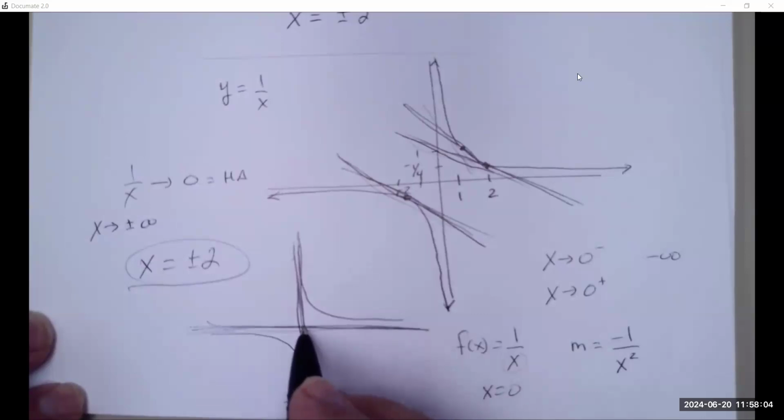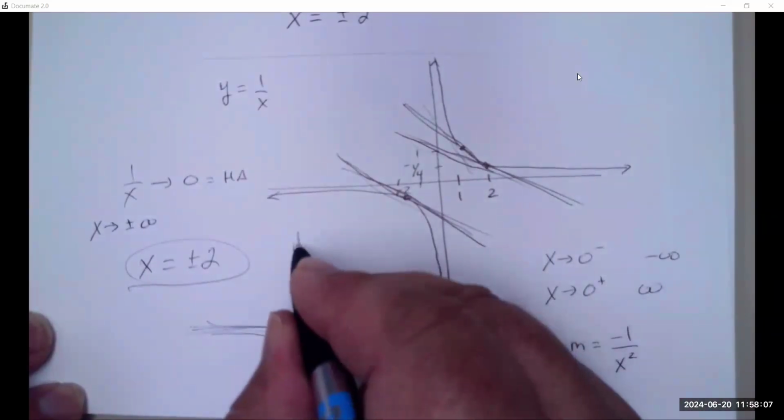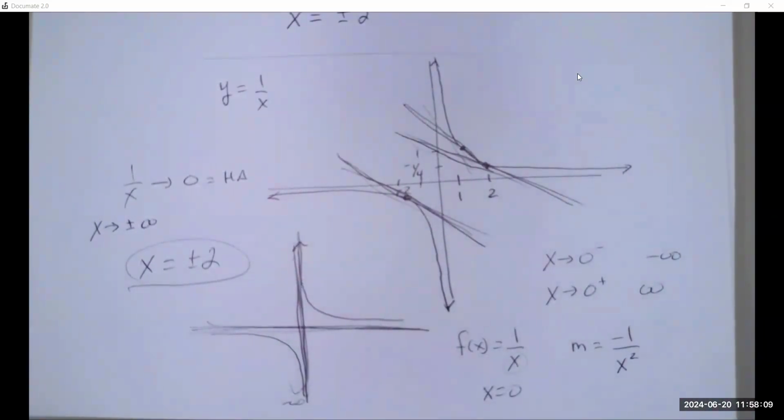As it goes to 0 from the right, it goes to positive infinity. The algebra part just tells us where they are. The calculus part tells us what happens as the graph gets closer to it. If we understand the calculus part, then we could draw any graph we want if we know the horizontal and vertical asymptotes and what happens as they approach those values.